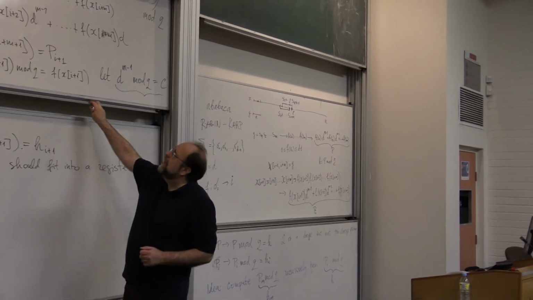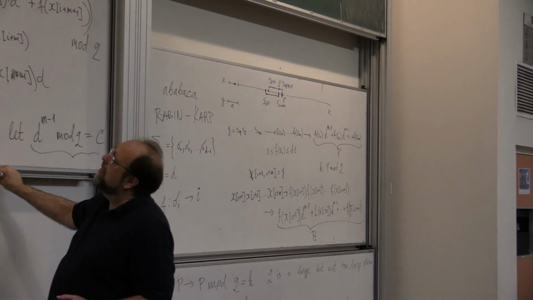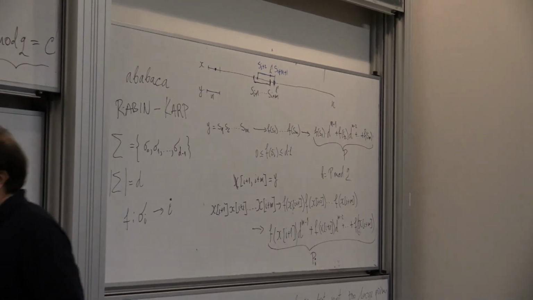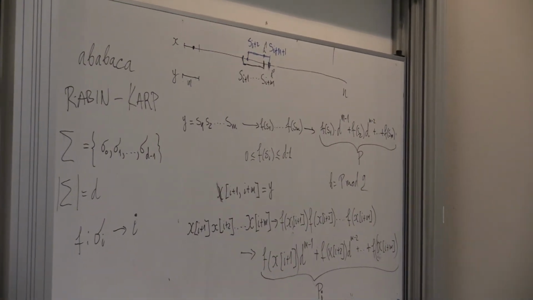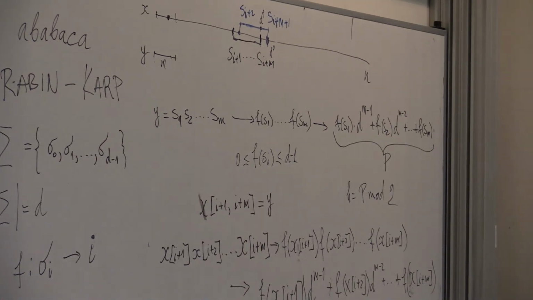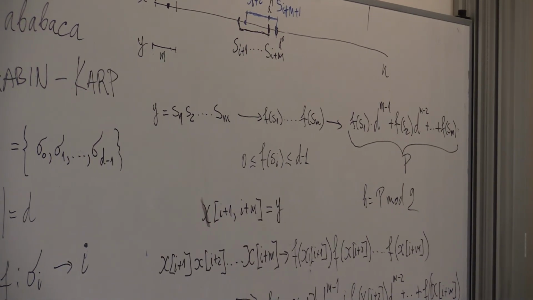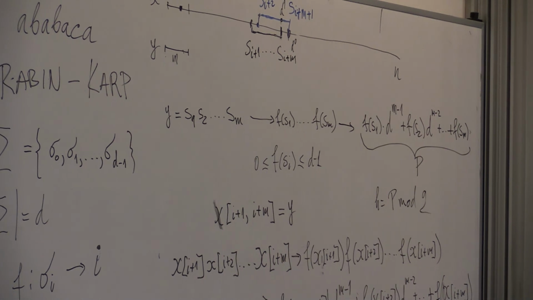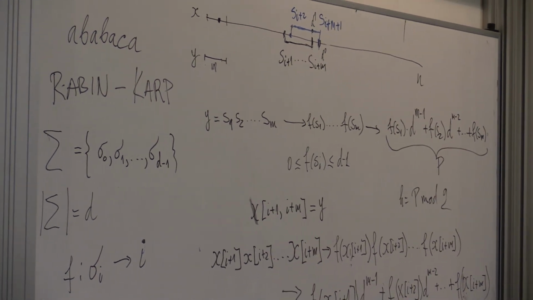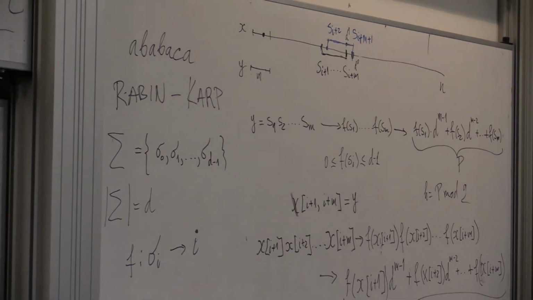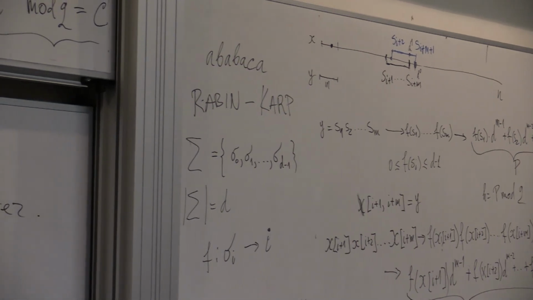I erased it, okay? So if this is equal, then you do symbol by symbol comparison.